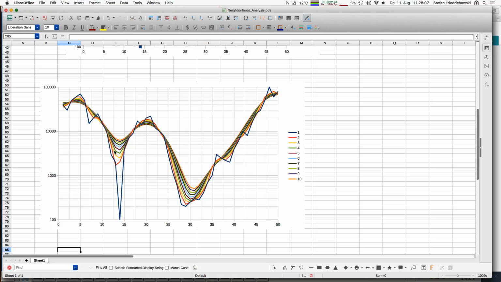So it depends on the overall range, and it depends on your step size. So there's no rule of thumb where I say, hey, you should go for 9 neighbors and so on.